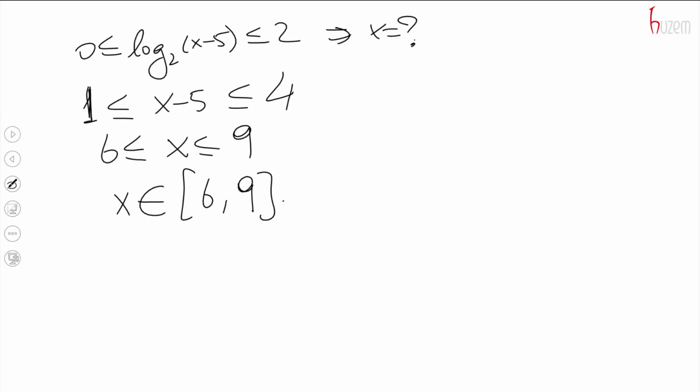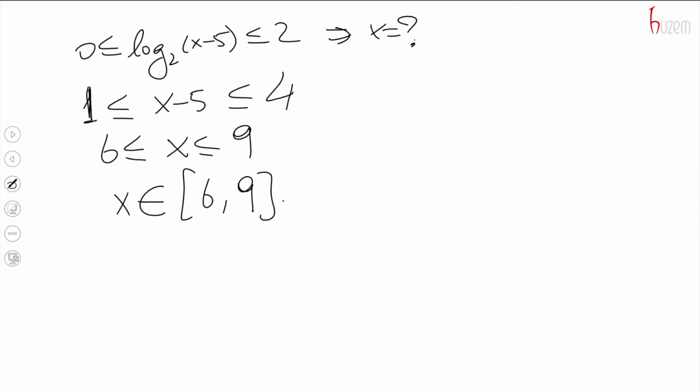Now, when we have this interval for x, we need to check if anything bad is happening for any number inside this interval. For any number between 6 and 9, is there any issue with the definition of the log or anything else?